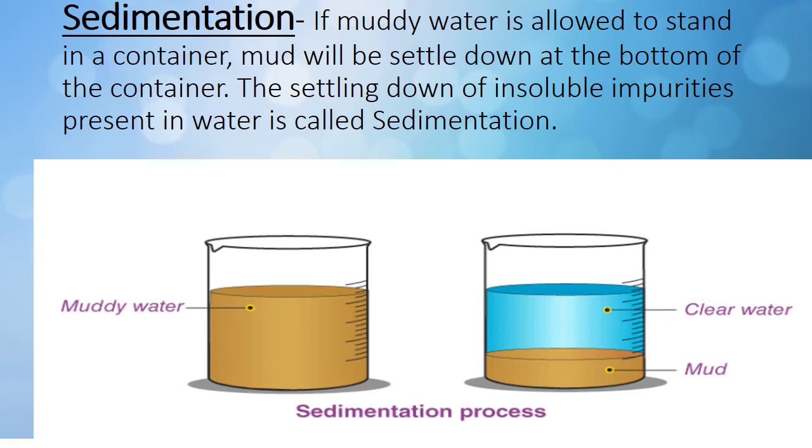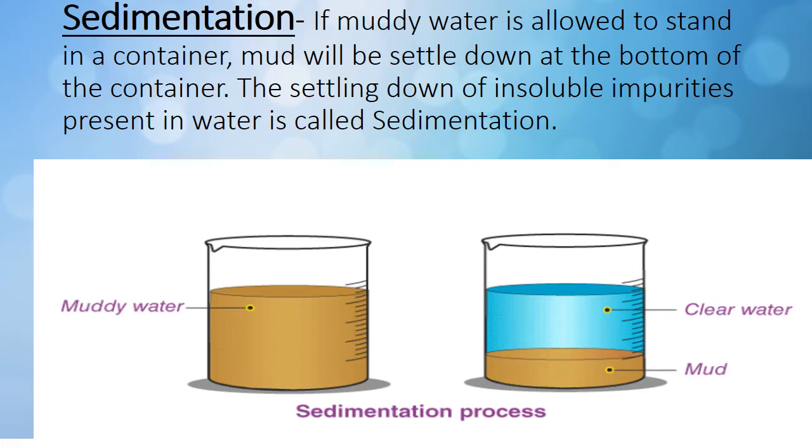First, sedimentation. As you know, mud is an insoluble impurity. So insoluble impurities can easily be separated from the water. If we allow muddy water to stand in a container, mud will settle down at the bottom of the container.